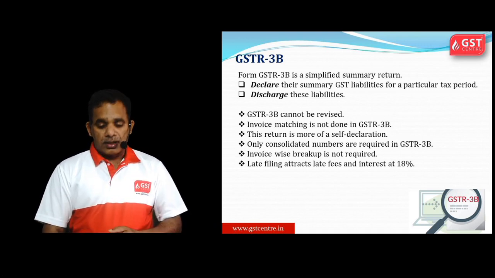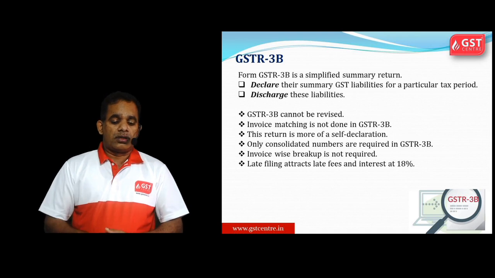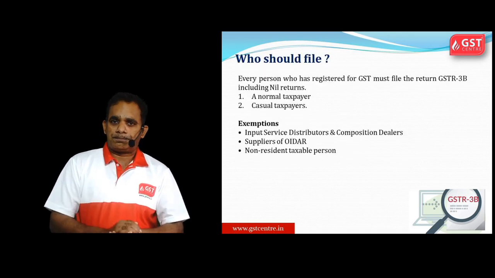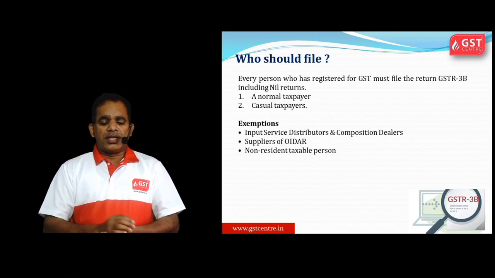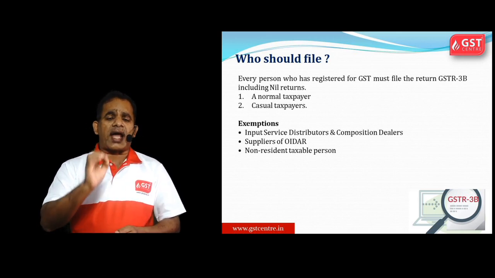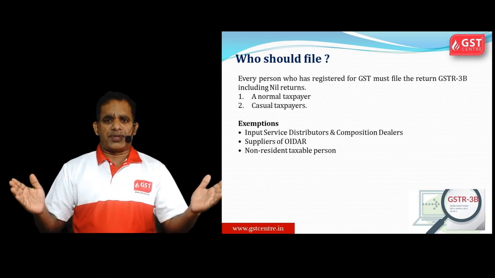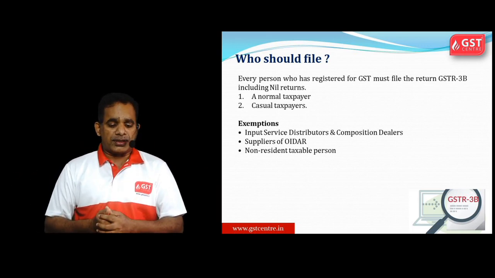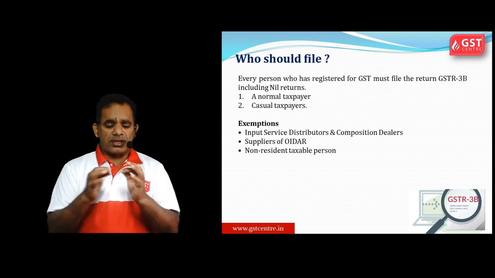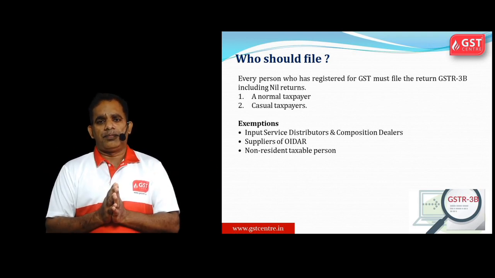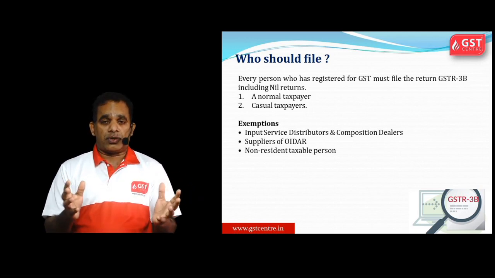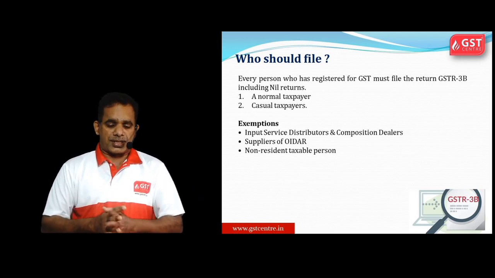So let us see the other points. Who should file GSTR 3B return? Every normal taxpayer, that is normal businesses, should file GSTR 3B return, as well as casual taxable persons, who are doing business for a short time, preferably 2 or 3 months.